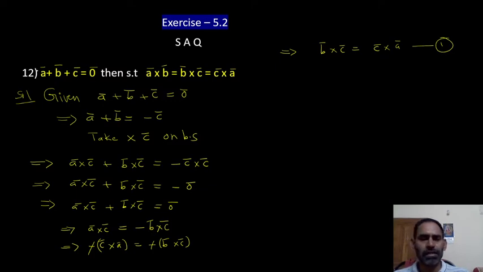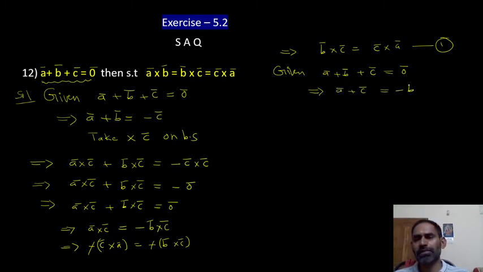Once again, take the given equation, A bar plus B bar plus C bar equals 0 bar. Now write B bar on the RHS side. This implies A bar plus C bar equal to minus B bar. So take cross B bar on both sides.